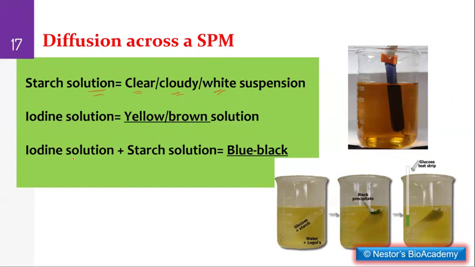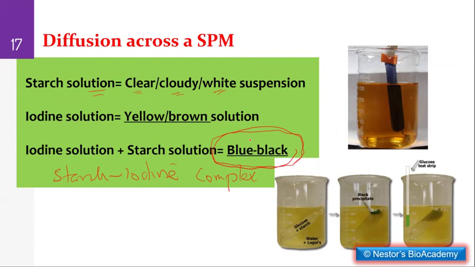Now, anytime iodine molecules and starch molecules interact, they form a starch iodine complex. And this starch iodine complex is always blue-black in color. And this is actually one of the main confirmatory tests we always use for starch.